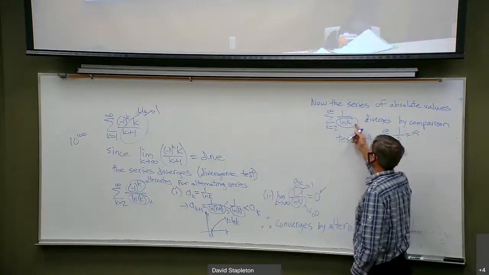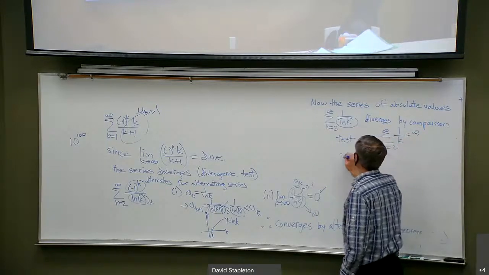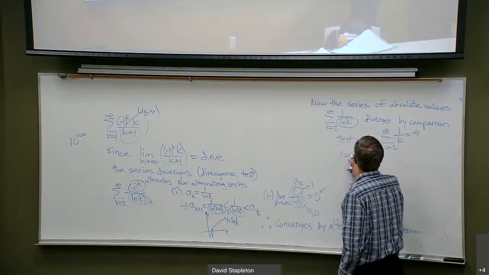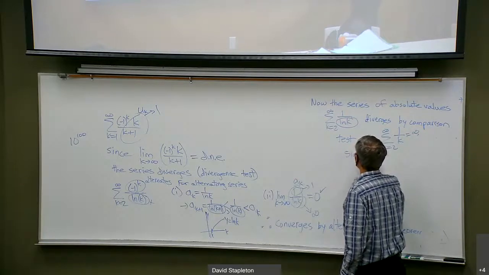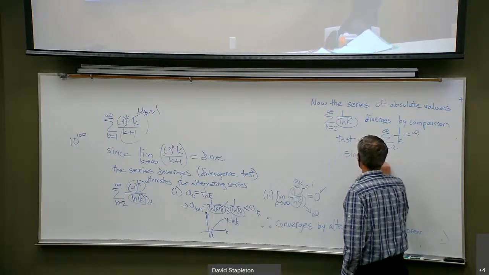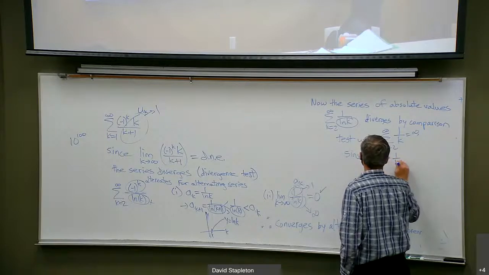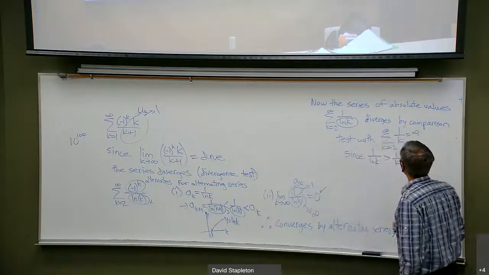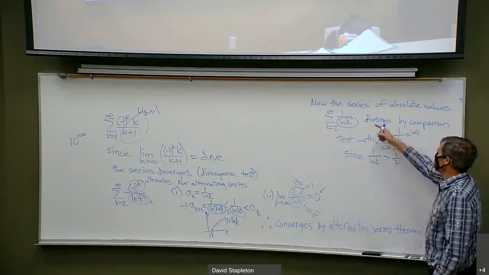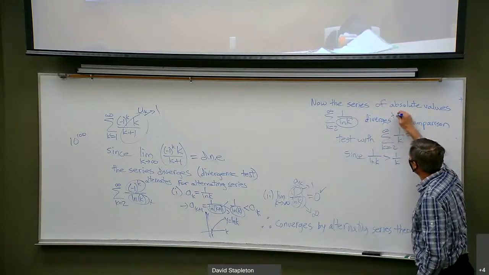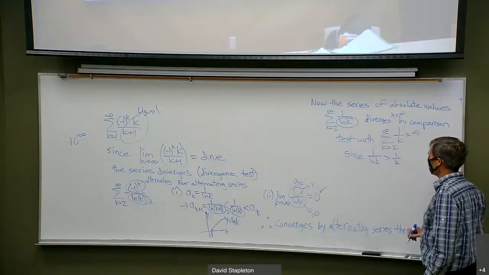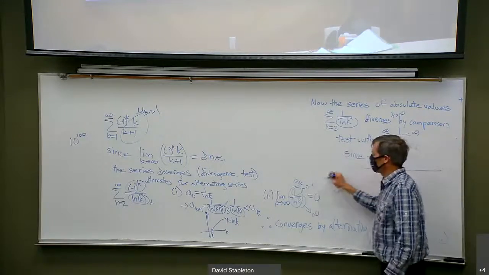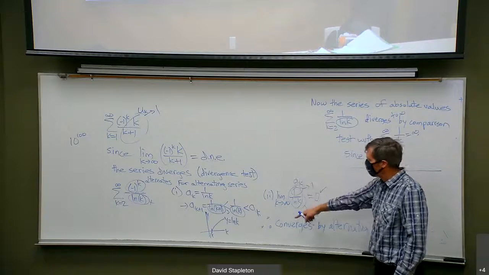A series of larger terms also diverges. 1 over ln k is bigger than 1 over k. This one also diverges to infinity. Now what we've shown by the alternating series test is that the series actually does converge.